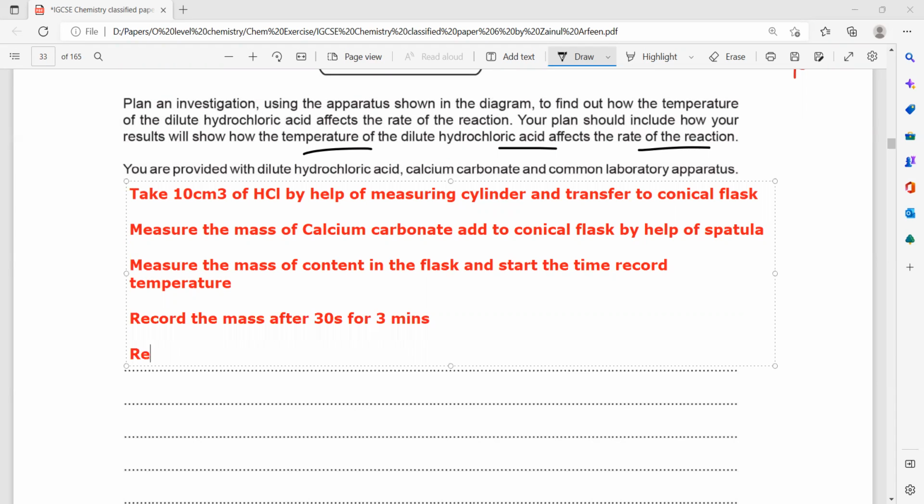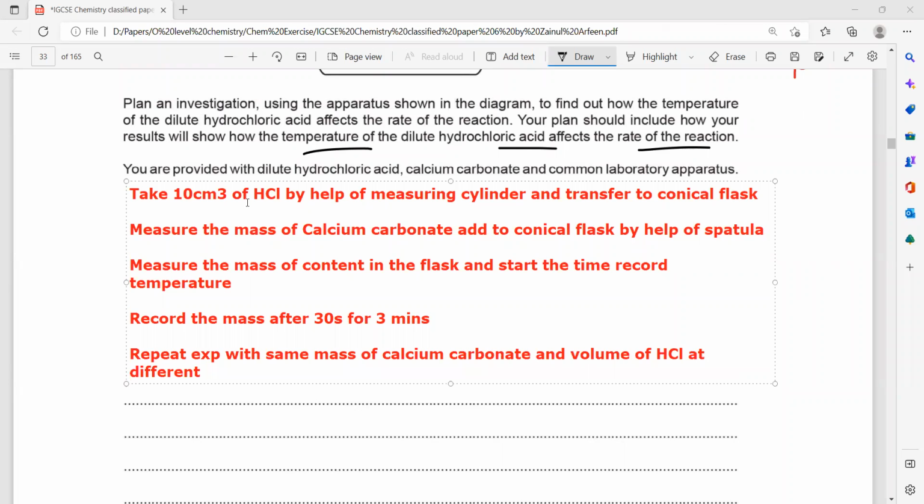Then repeat the experiment with the same mass of calcium carbonate and the same volume and concentration of hydrochloric acid at different temperatures.